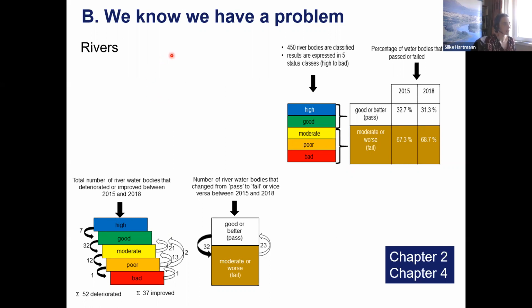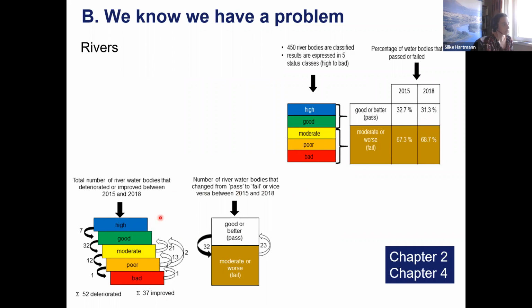This slide is about rivers, and we have in total 450 river water bodies, which are classified into 5 groups. We usually report on them in a simplified summary of good or better status or moderate or worse status. If we look at the most current data and the last data before, you can see that the number of water bodies at good status is stagnating and even a little bit deteriorating.